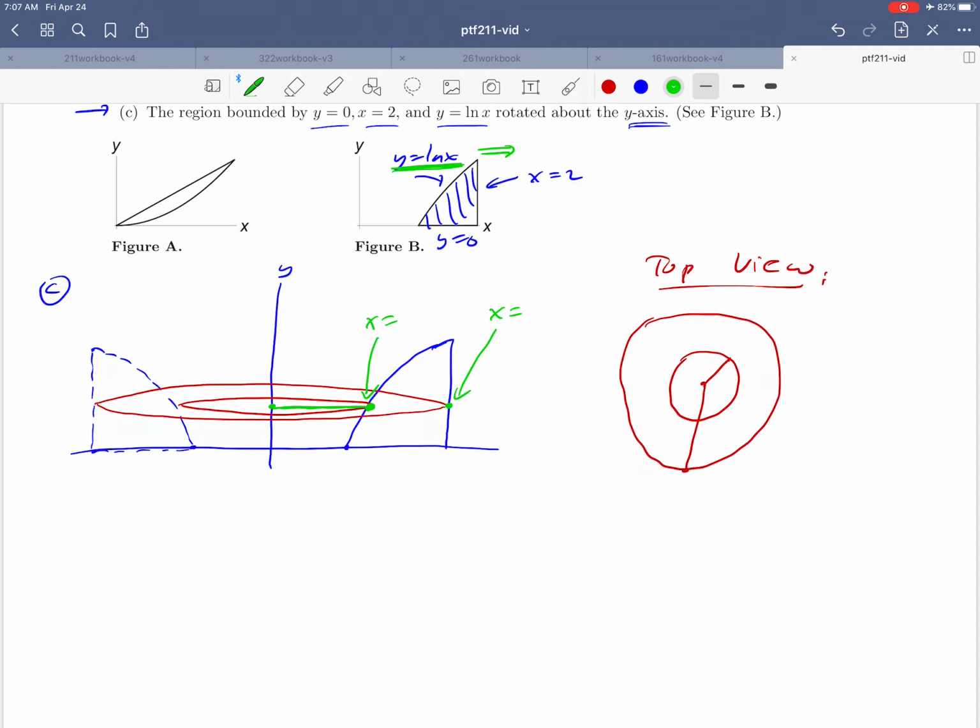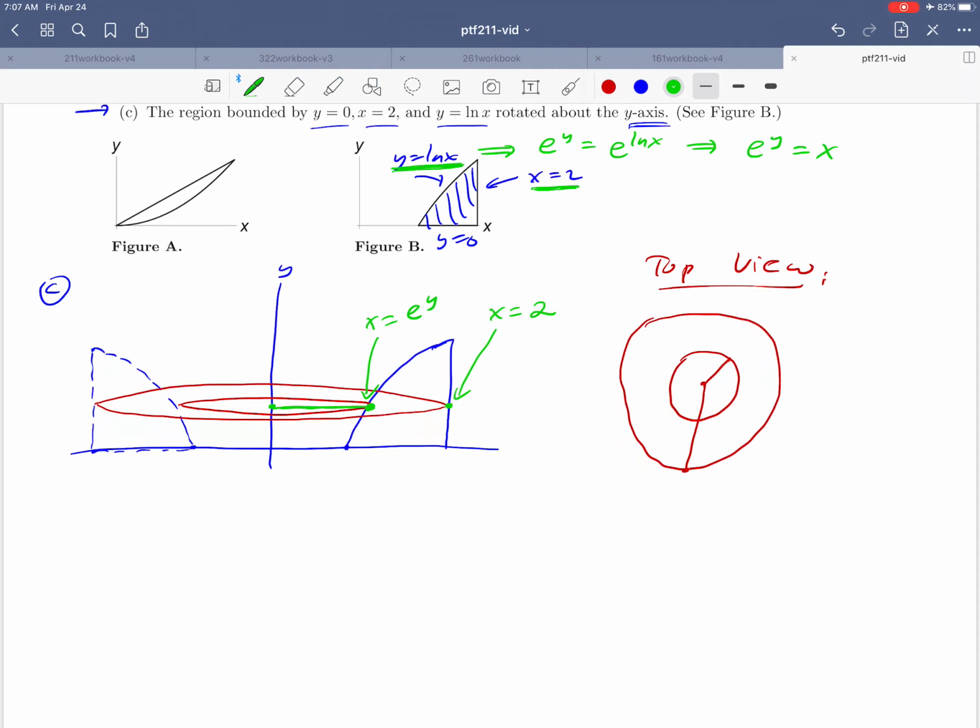Well, we can exponentiate both sides. So we'll get e to the y equals e to the ln of x. And when you take e to the ln of x, you just get x. So it would appear then that x equals e to the y. That's the value of x here. And we can tell directly from our picture above that x is equal to 2 at the right side of our region. So that number is going to be a 2.